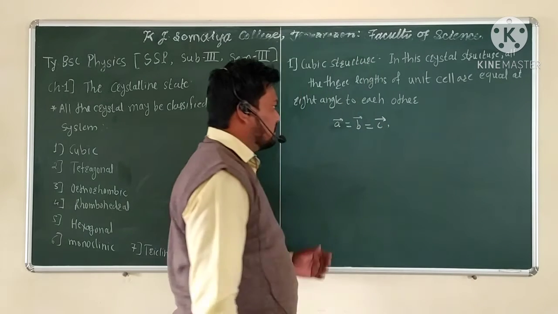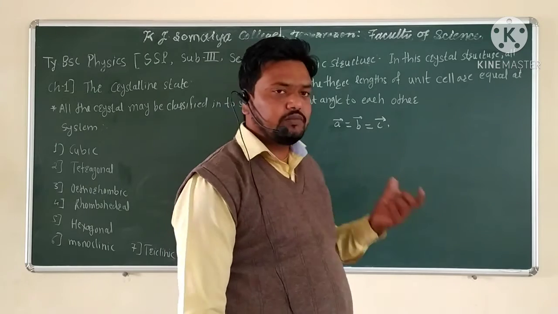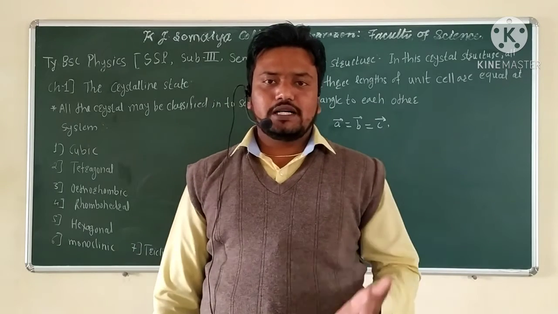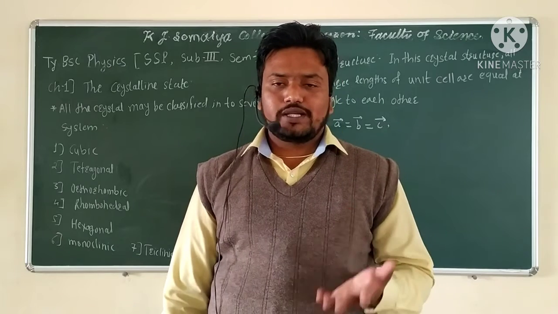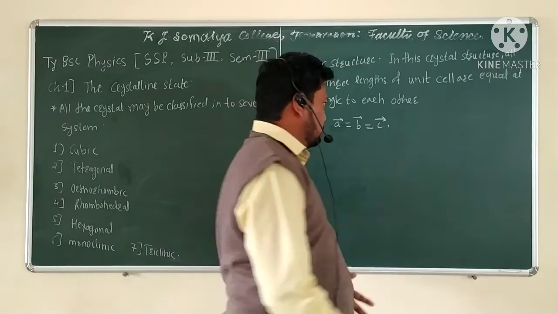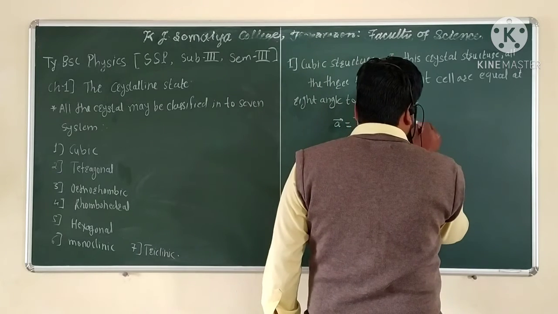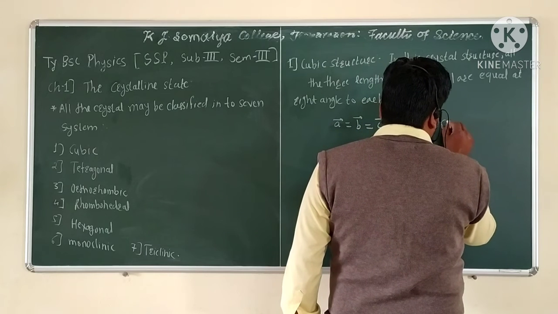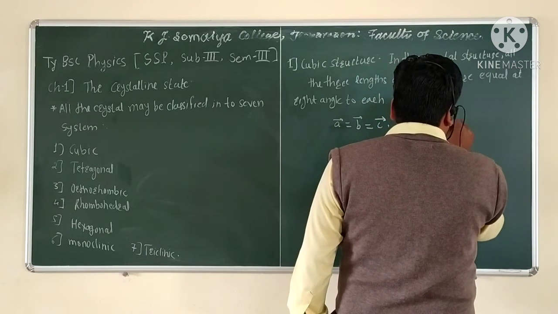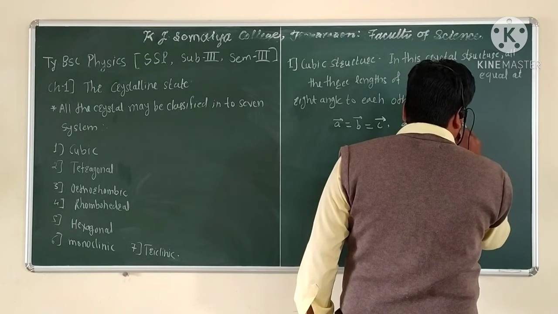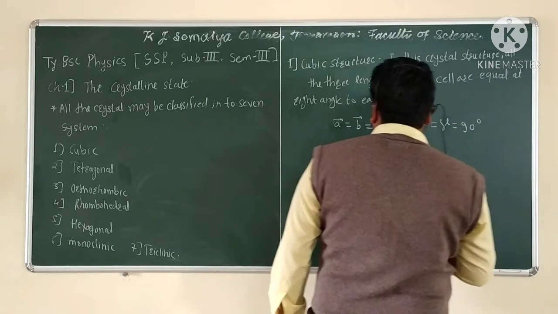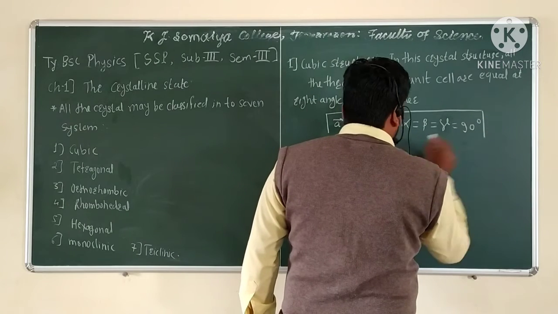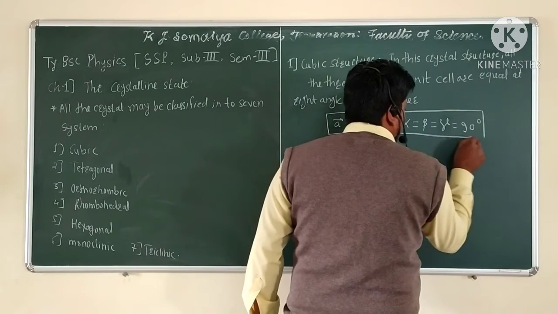The angles alpha, beta, and gamma between them are also equal, that is, alpha equals beta equals gamma equals 90 degrees. So these two are the main conditions.